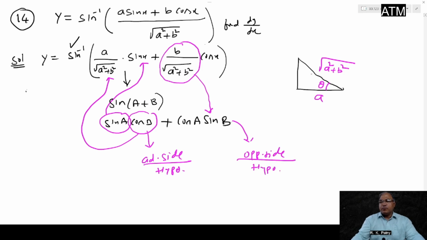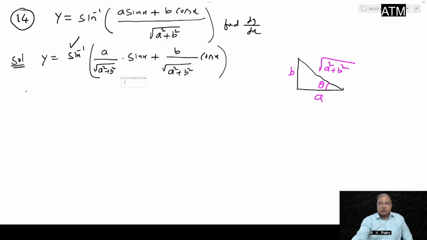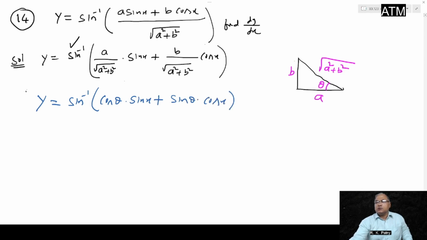That means b is the opposite side. Therefore, here we can write cos theta and here sin theta. Therefore, y equals sine inverse of cos theta into sin x plus sin theta into cos x.